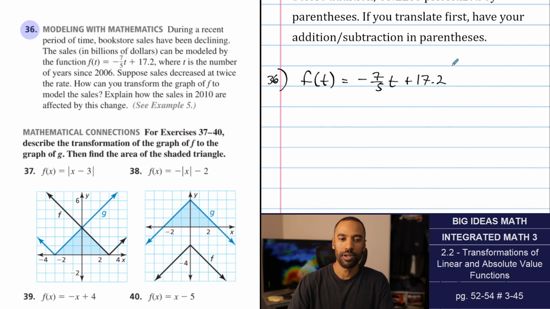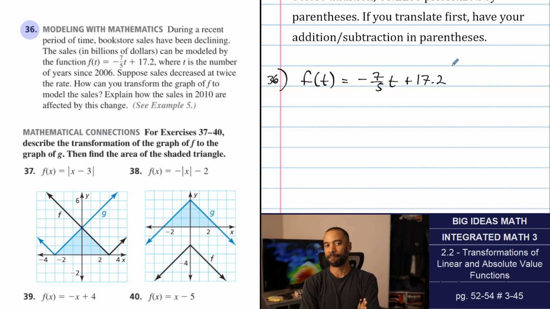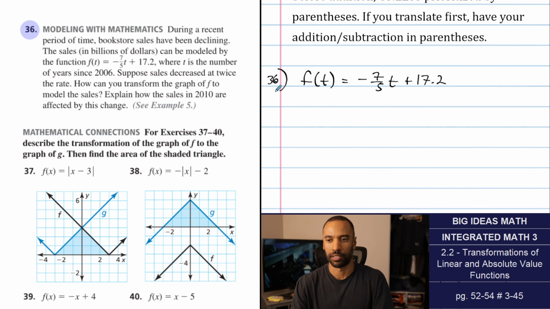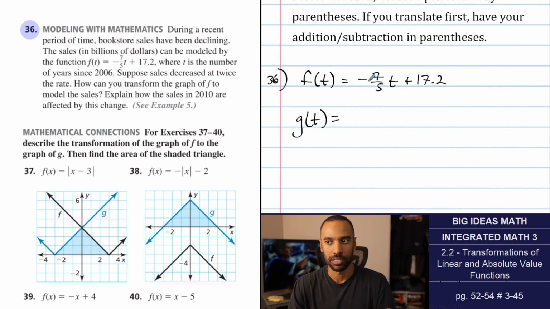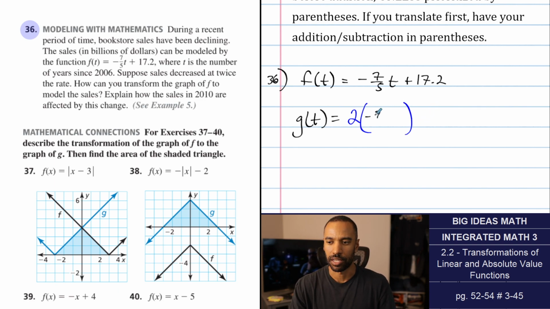Now, the important thing about the twice the rate, they say twice the rate, but that constant still needs to be what it is, right? The only thing that you're doubling, I'm going to have to call this a g of t or something like that, in my assessment of this problem is just the negative 7/5 t.